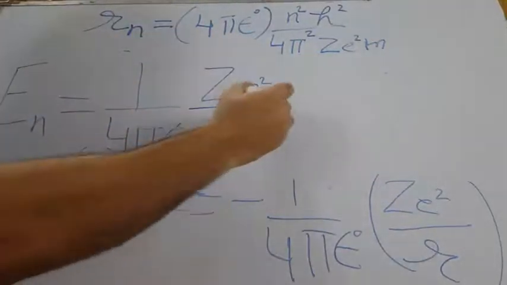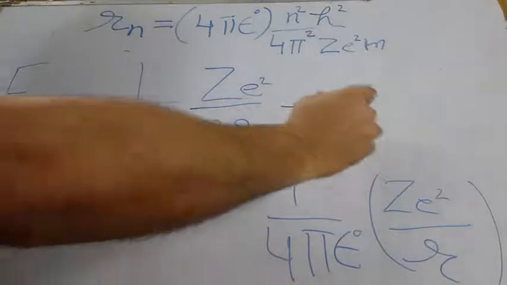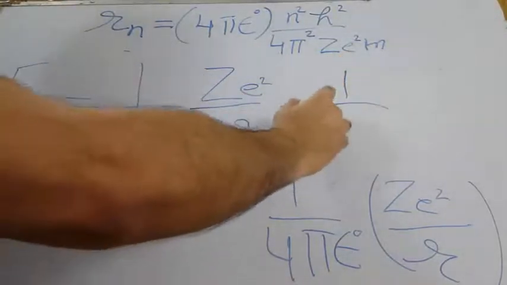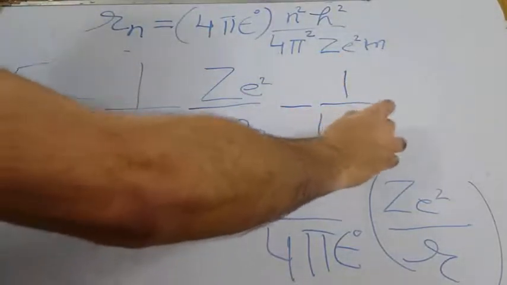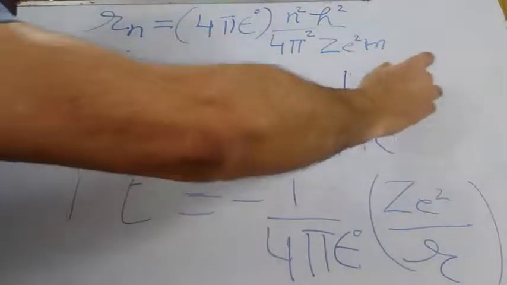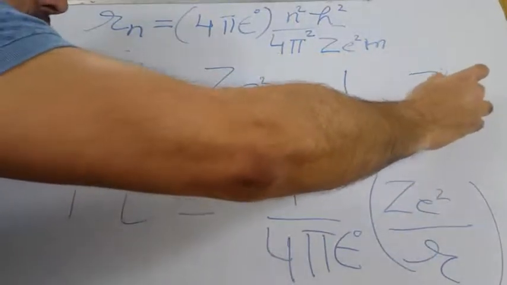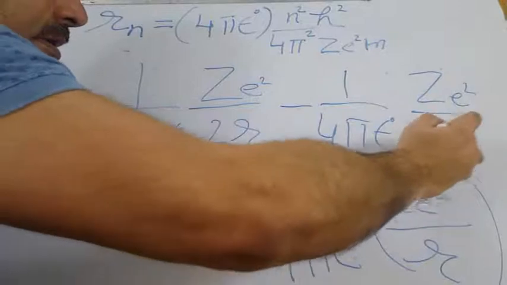Here the sign is negative, we are adding up, therefore this sign will remain. This comes out to be 1 upon 4 pi epsilon 0 Ze square upon r.